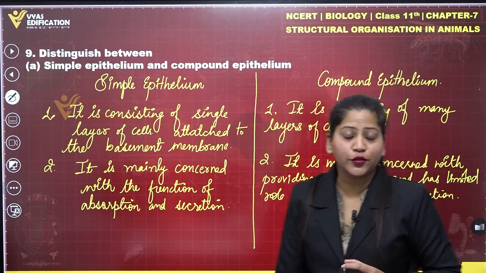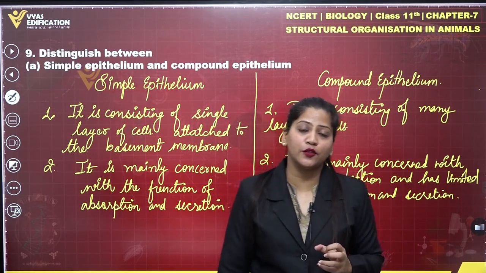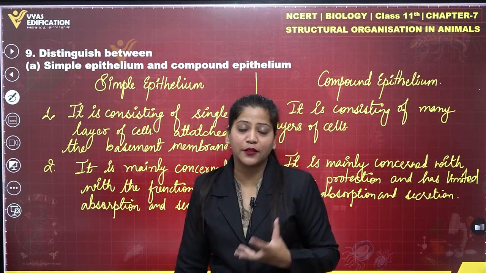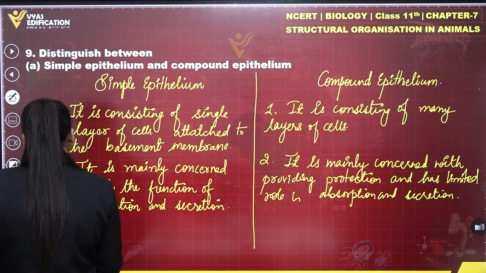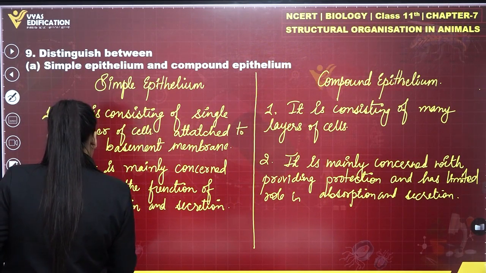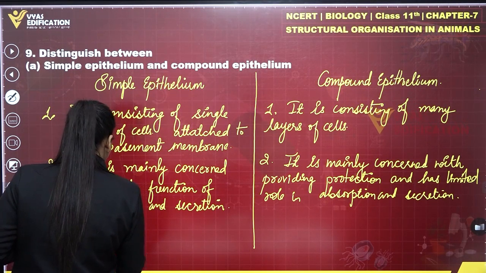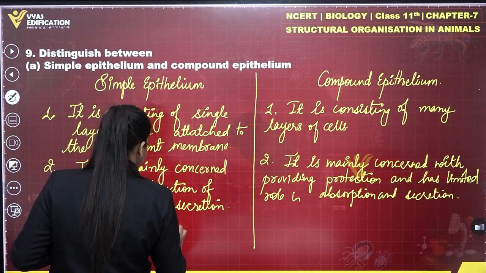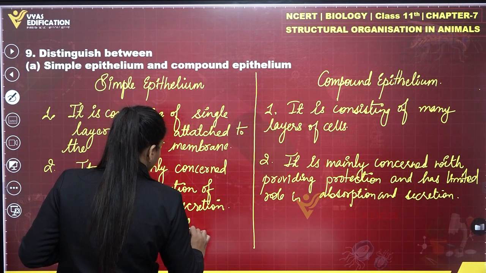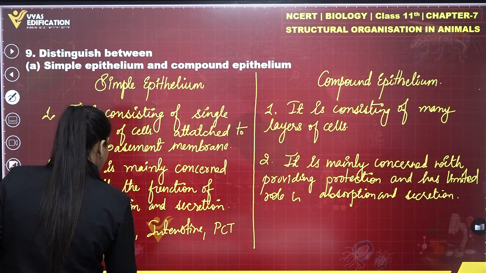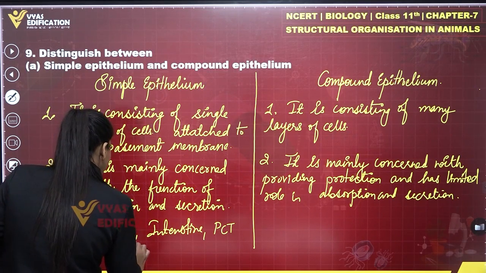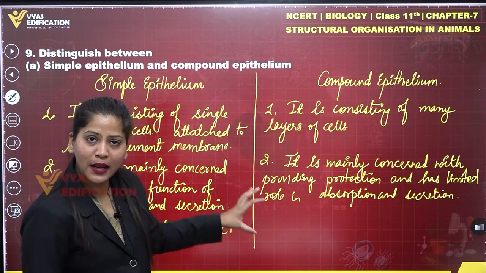The last point to distinguish these two kinds of epithelium is examples. If we talk about the example of simple epithelium, you will find this simple epithelium in the stomach, intestine, PCT, that means proximal convoluted tubules, and then blood vessels, right? These are some examples of simple epithelium.